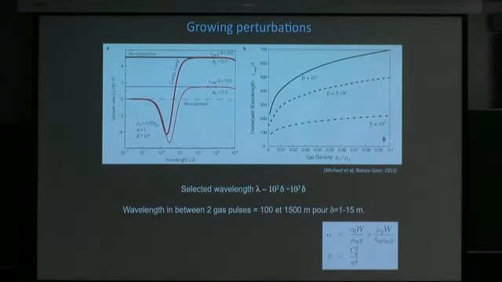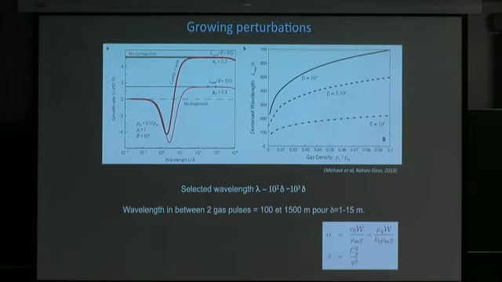And the linear stability analysis predicts that for a wide range of parameters, in particular gas density or a wide range of the value of beta, this dominant wavelength is between 100 times the compaction length and 1000 times the compaction length. For a compaction length of 1 to 15 meters, this gives a wavelength between two gas pulses of 100 to 1500 meters. So these waves of gas travel within the magma with the Darcy velocity.